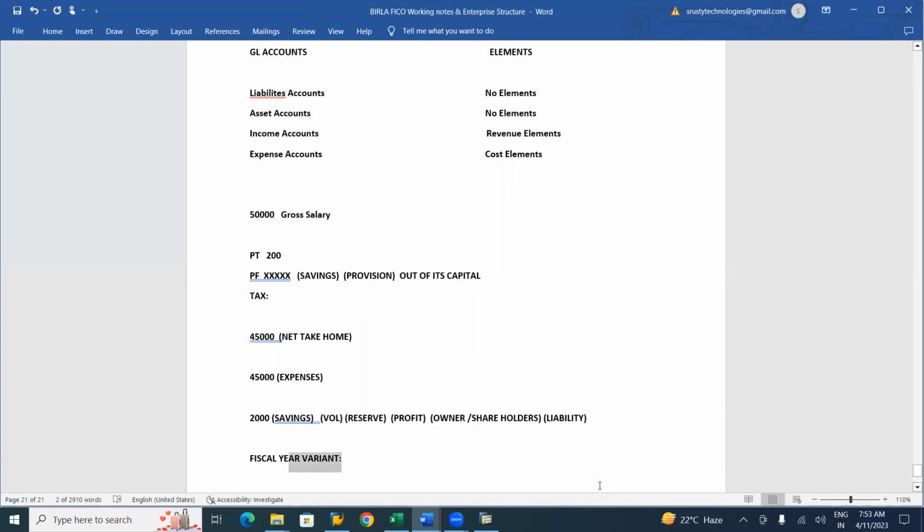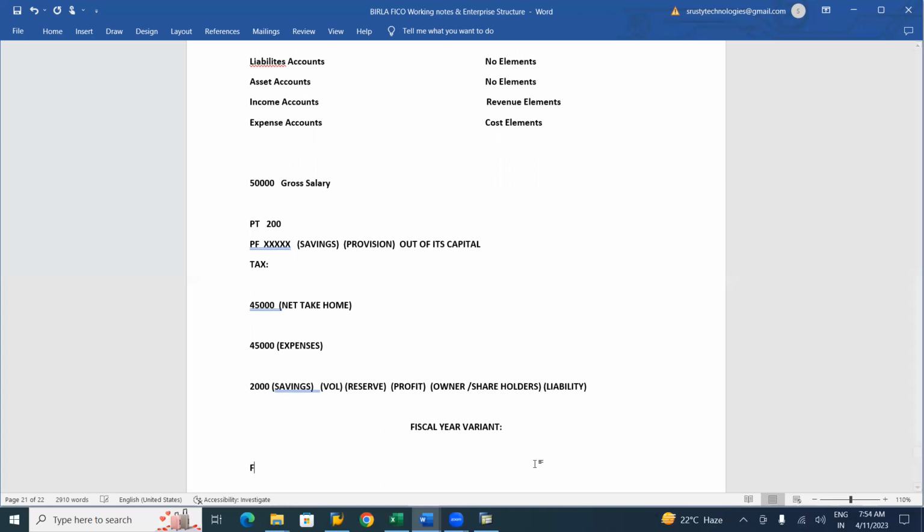Most of the questions in interviews we are going to get are on chart of accounts and fiscal year variant. Write down: fiscal year is nothing but a financial year. In SAP, we call it a fiscal year.